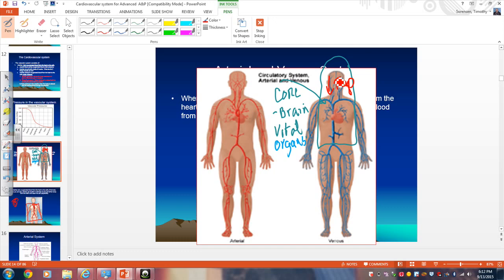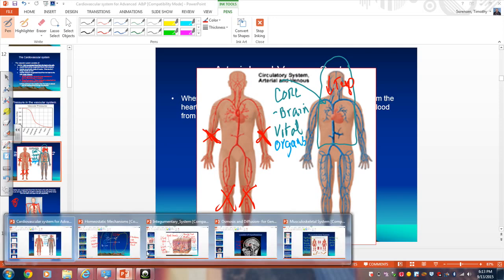So what the hypothalamus will begin to do is cut off that warm blood to the non-essential parts of your body, right? So your arms, your legs, and your skin. How does it do that?